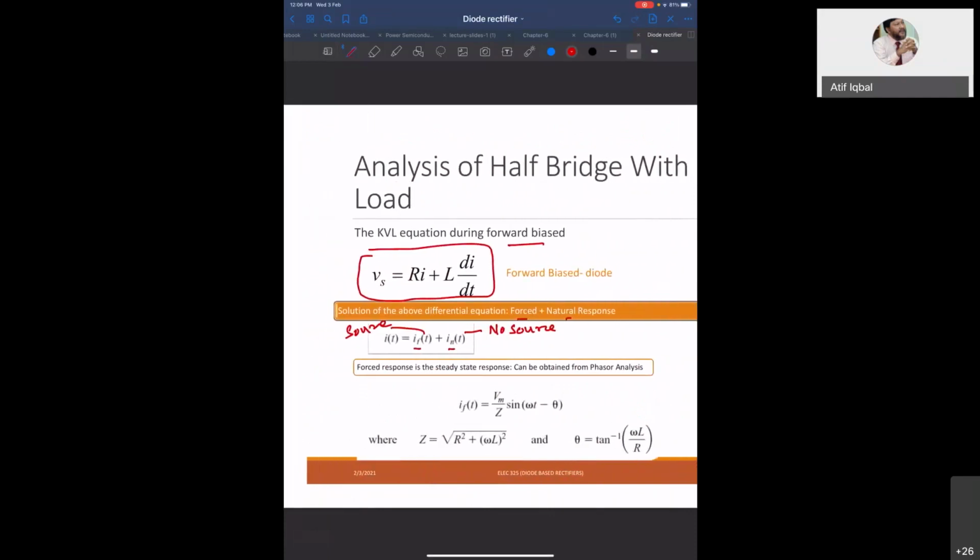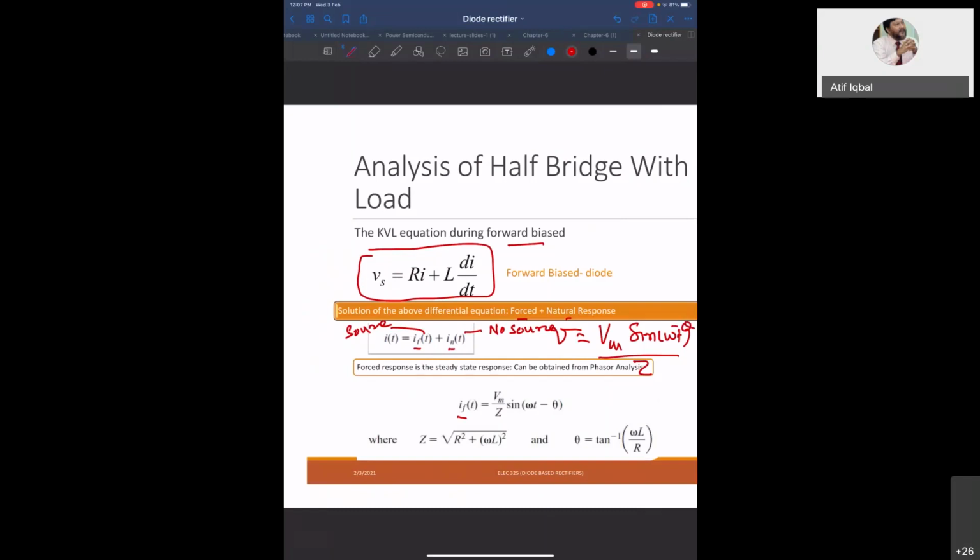So the forced response is the steady state response and can be obtained from phasor analysis. So forced current is Vm by Z. This is my voltage, Vm sine omega t. So what will be the current? Divide this by impedance and put an angle, according to the impedance angle.